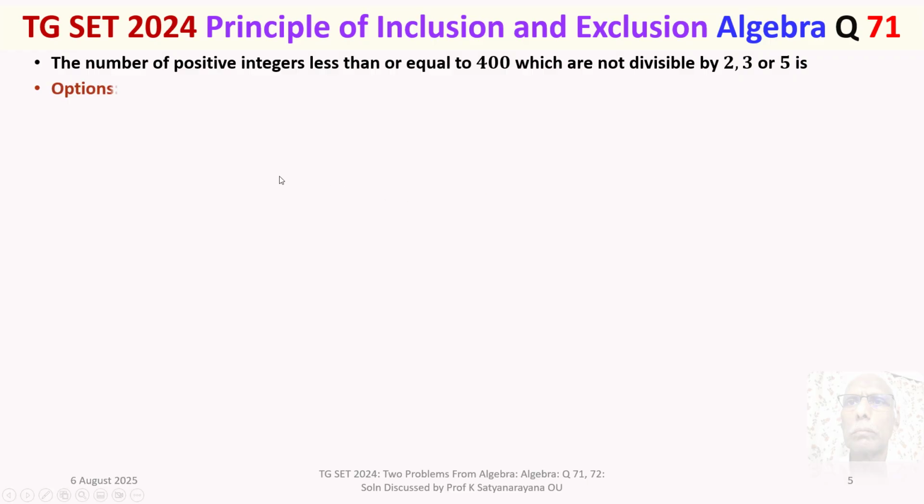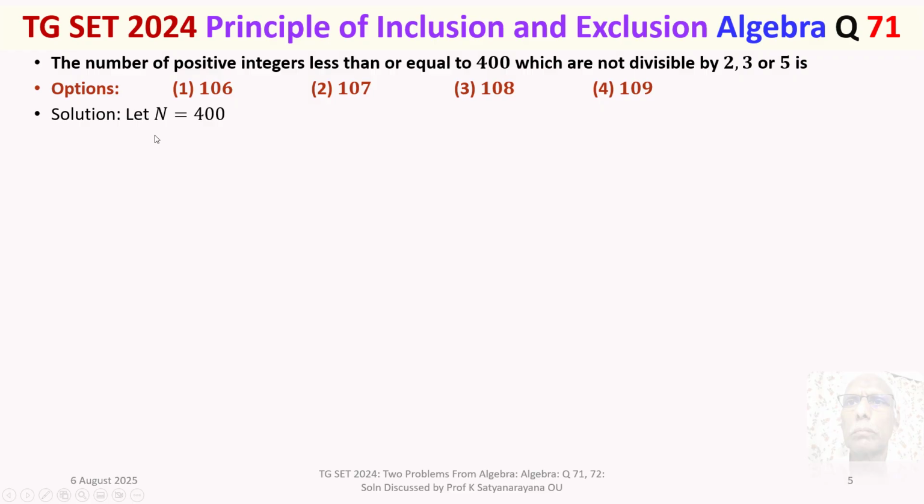We are given 4 options. If you see the question carefully, you might have done it at +2 level also. Anyway, let's now discuss the solution of the problem in detail.